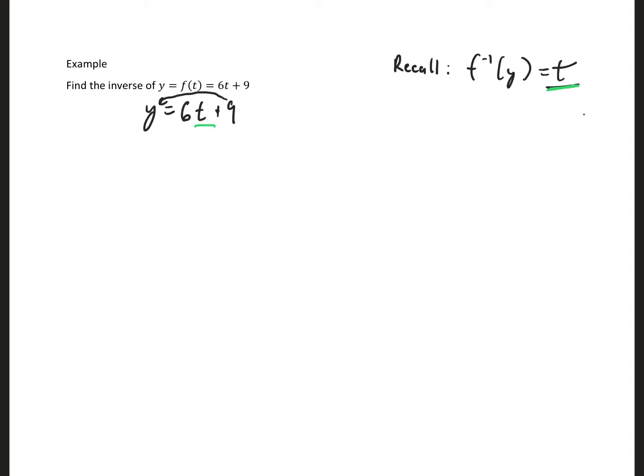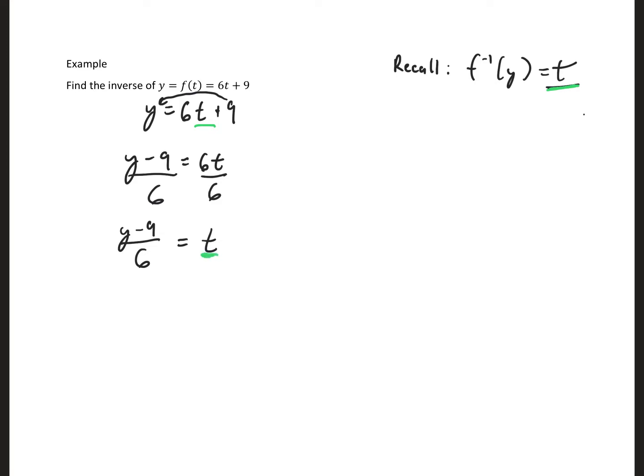So let's move 9 over by subtracting it. Y minus 9 equals 6t. And then to undo multiplication, we use division, so we're going to divide everything by 6. T equals y minus 9 over 6.